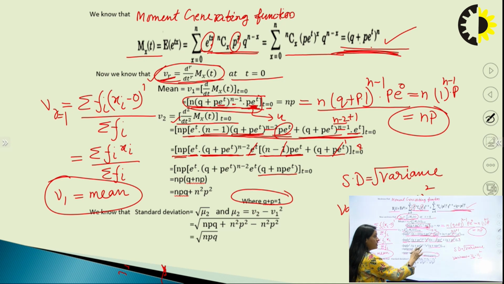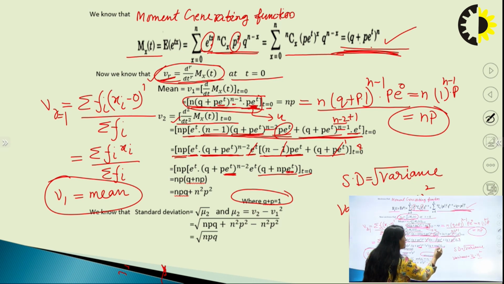Now again when we put t equal to 0, please pay attention, this will become e to the power 0 and anything to the power 0 is equal to 1, and this will become e to the power 0. Once again, any variable, any term to the power 0 always becomes equal to 1.